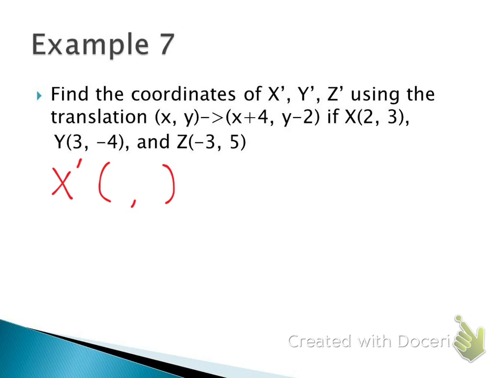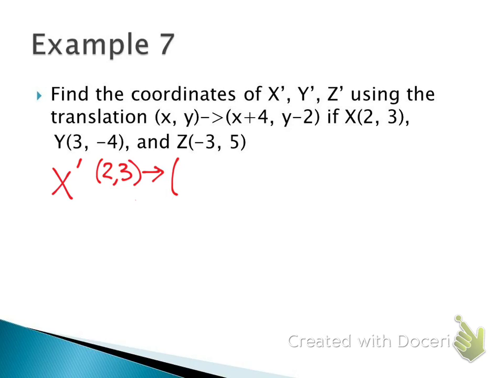Does anybody know where the point x prime would be? We can keep writing out more steps if we're not sure yet. So to find the point x prime, we need to take 2 comma 3 and translate it.